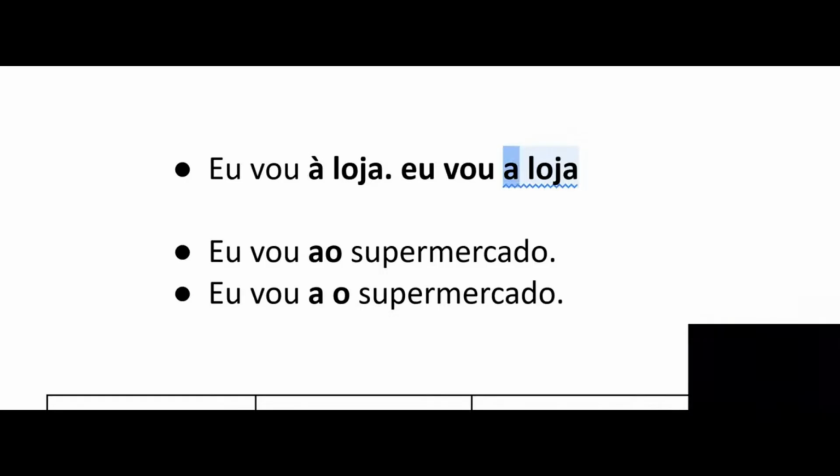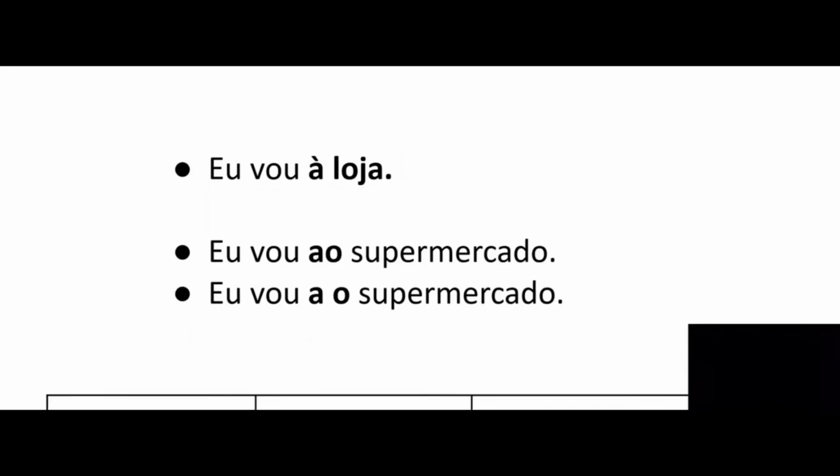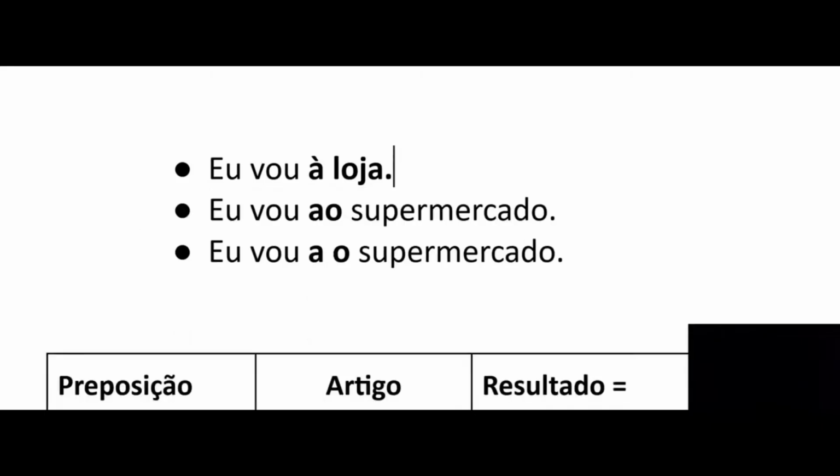So when you say eu vou a loja without putting on the sign, we assume you eliminated the other a, which was supposed to be eu vou a a loja. So the same pronunciation, but different meaning. And when you're writing too, they're not the same. Okay, I hope this one is clear.